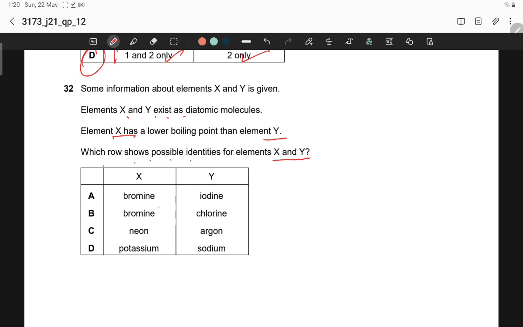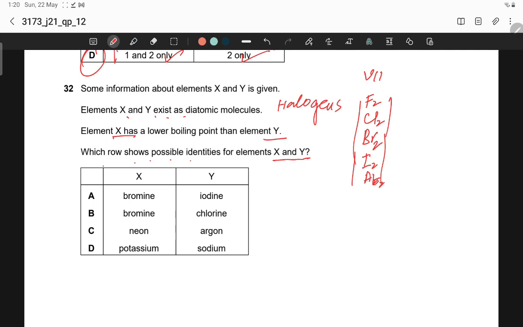All halogens exist as diatomic. Group 7 elements are halogens: fluorine, chlorine, bromine, iodine, astatine. So all exist as diatomic in group 7.